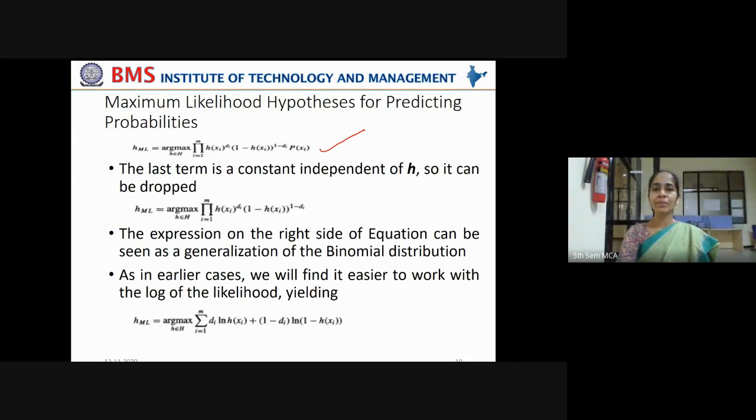Now the last term is a constant independent of h. This last term, the probability of xi, the probability of a training instance occurring, the probability of observing a particular patient's data, is independent of the hypothesis.